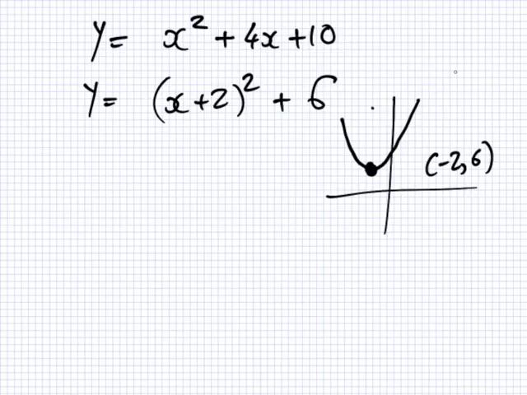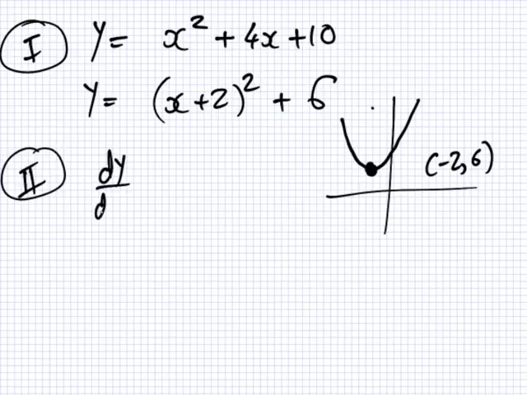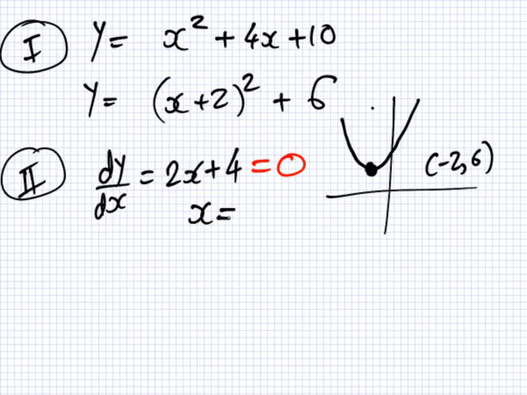Let's use the new formula from today to see if we get the same answer. Of course, we should get the same answer. This would be embarrassing if we don't. So, this is like method 1, the old method. Now let's have a look at the new method. So, we calculate the derivative. What's the derivative here? 2x plus 4. And we want to know, when will the derivative equal 0? Well, that's when x equals, if I solve this, what do I get for x?